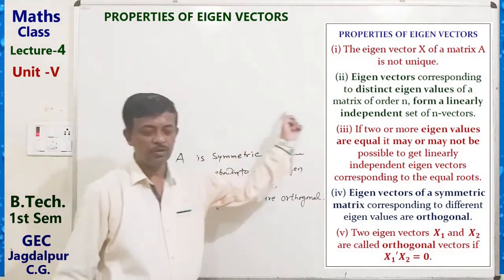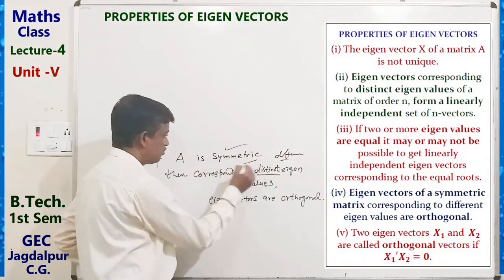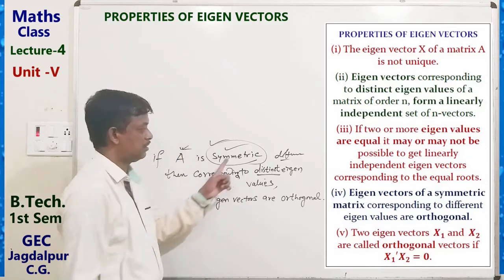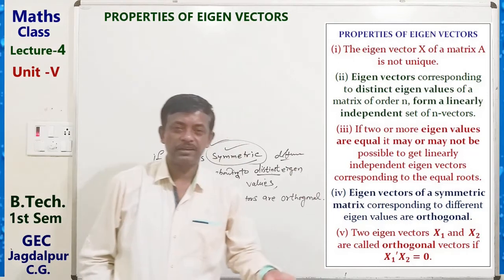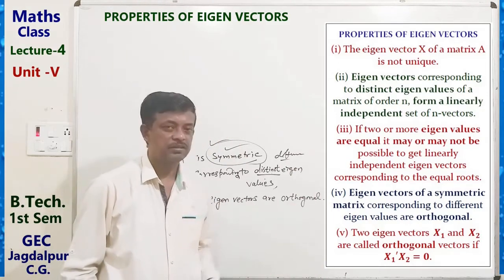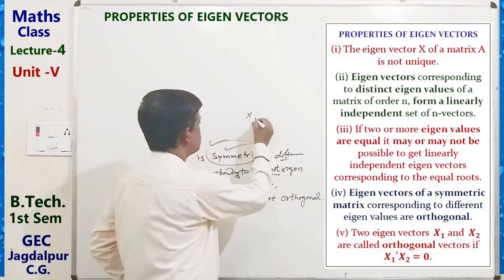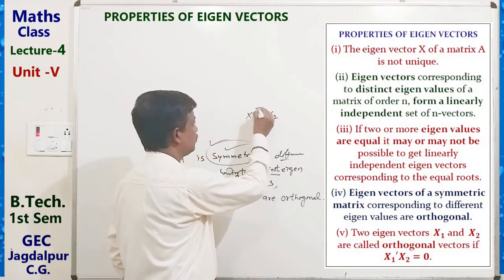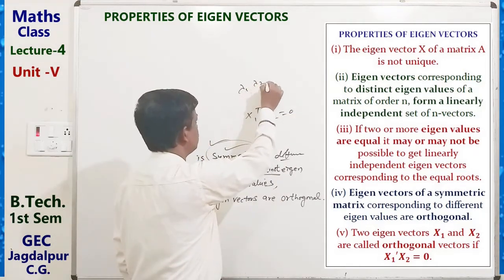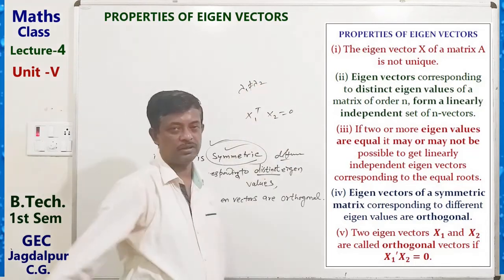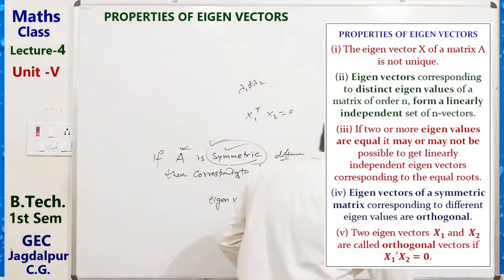That is, if A is symmetric and the eigenvalues are distinct, then the eigenvectors x1, x2 will be orthogonal, which means x1 dash x2 equals 0, corresponding to lambda 1 and lambda 2 if they are not equal. So this is the next property in the case of a symmetric matrix.